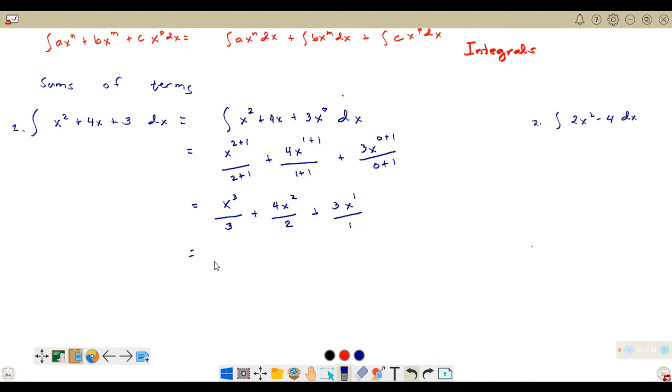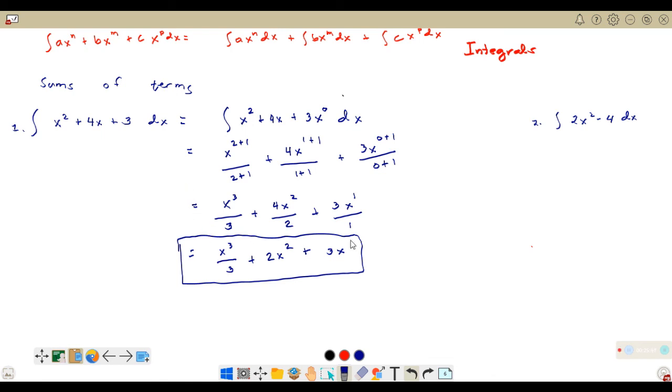And then let's simplify. May isi-simplify pa ba tayo dito? Wala na. Kasi, sagad na siya dyan. Plus, 4 divided by 2. Yan, meron tayong isi-simplify. Pwede siya maging 2x squared. Plus, 3 over 1. Edi 3. And then, ano yung power niya? 1. If the power is 1, we don't have to write it as an exponent. Okay? So, this is our integral for x squared plus 4x plus 3 dx. Okay?